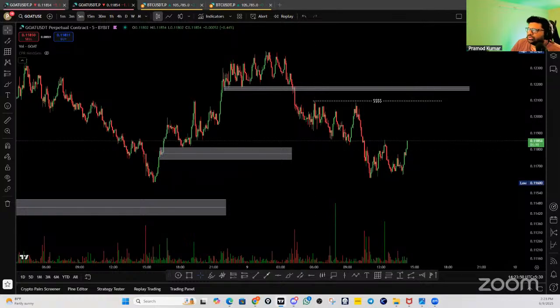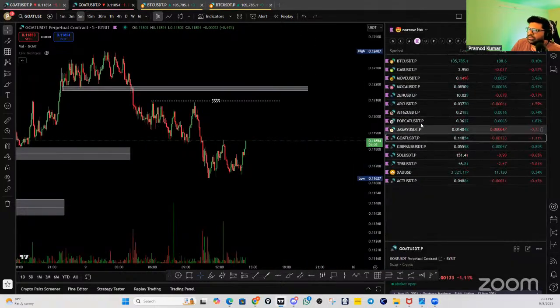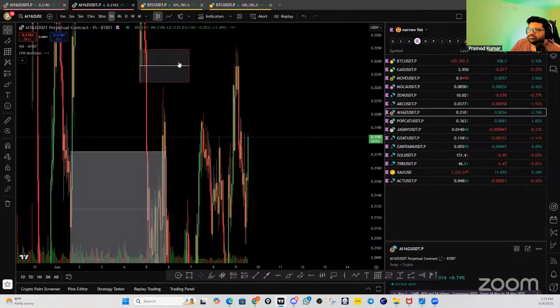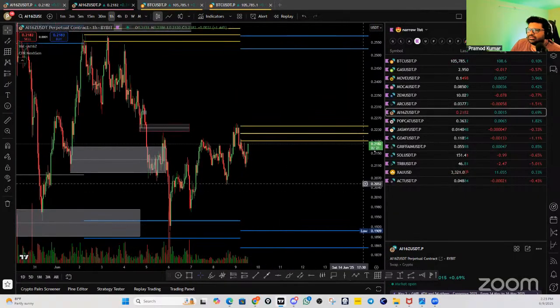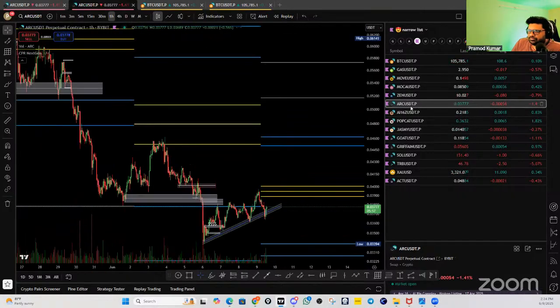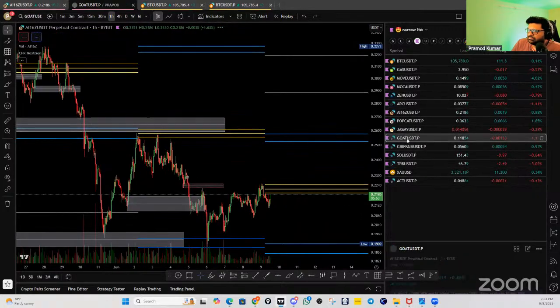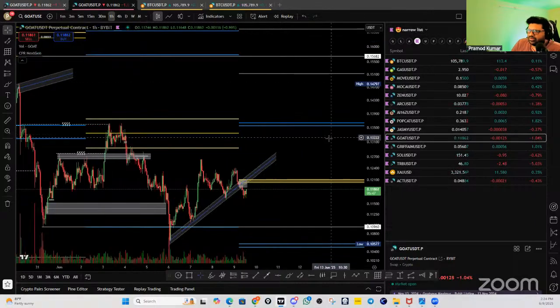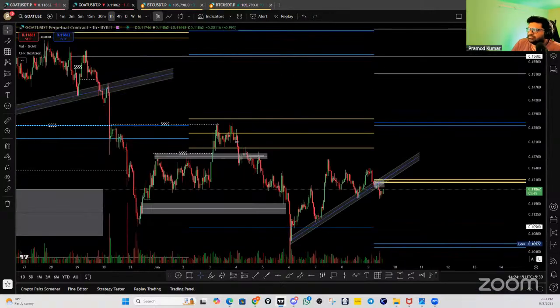Follow 2 tokens, 3 tokens. We have AI16, narrow, ARC, AI16 and GOAT. Don't follow the 3 tokens at a time. In that, find only 1 trade setup.